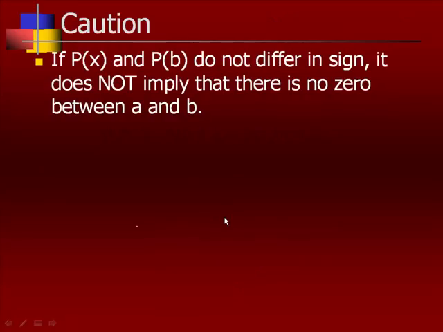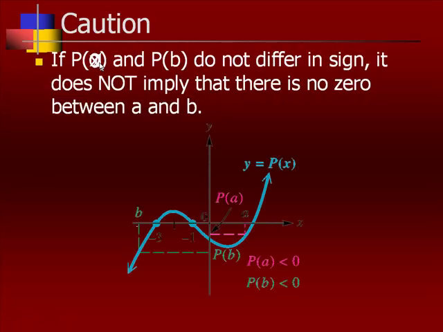Now, be careful. If p of a and p of b do not differ in sign, it does not imply that there is no zero between a and b.